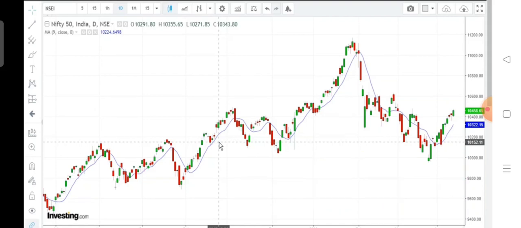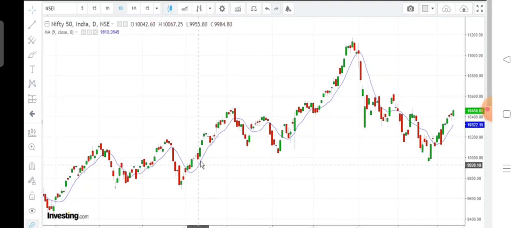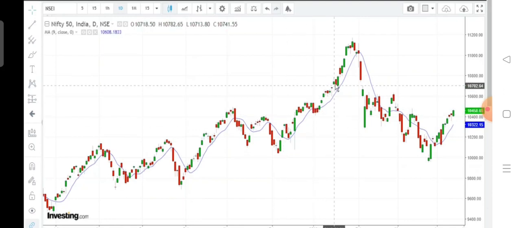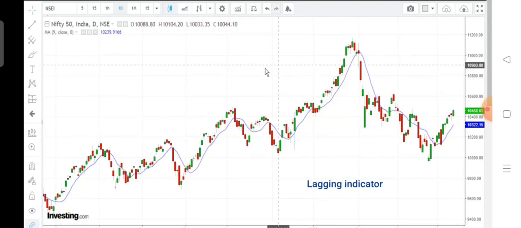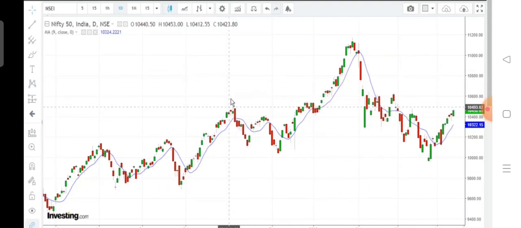But you can choose any particular value. A short-term moving average, as we can see here, the 9 period moving average, is very sensitive to the price movement and closely follows the price. But it follows the price, and that's why it is a lagging indicator. It doesn't indicate a price movement prior to that.